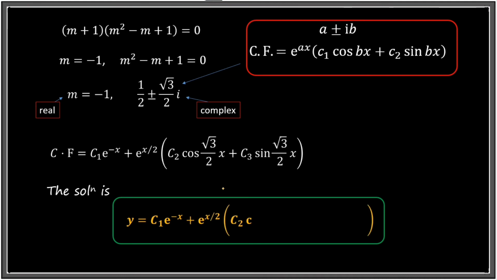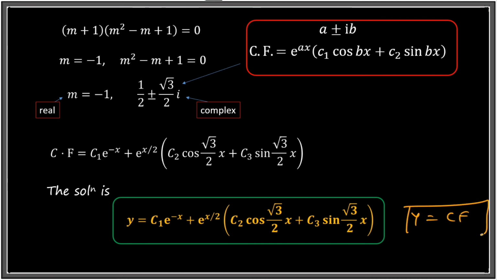Therefore the solution is y = C1 e raised to power minus x plus e raised to power x/2 into (C2 cos (√3/2)x + C3 sin (√3/2)x). So here also, y = CF is the solution, because f(x) = 0, which means the PI is 0.